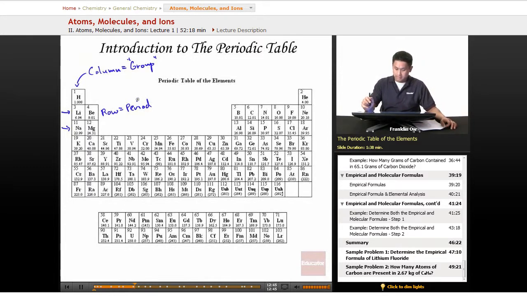And typically there's always a staircase that is embedded in all of our periodic tables. Anything to the left side of the staircase is what we call a metal, and anything to the right side of the staircase is what we call a non-metal.